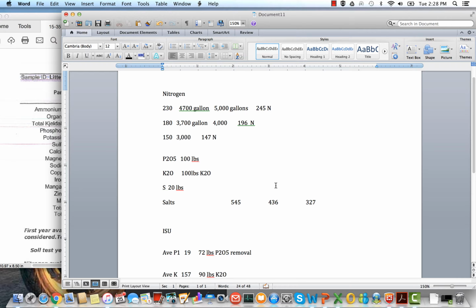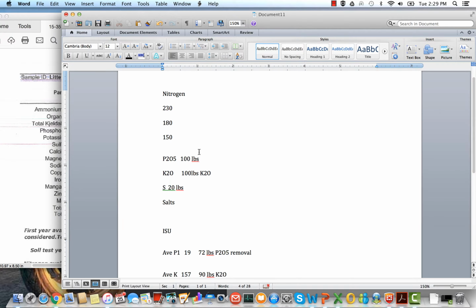Let's rethink things here. The needs of the soil are still the same, so we still got a recommendation from the laboratory for 230 pounds of nitrogen. I've got my own recommendation for corn on soybeans on this farm of about 180 pounds of nitrogen, and then we've got a recommendation from Iowa State's maximum return to nitrogen of 150 pounds, given corn price and price for nitrogen right now.